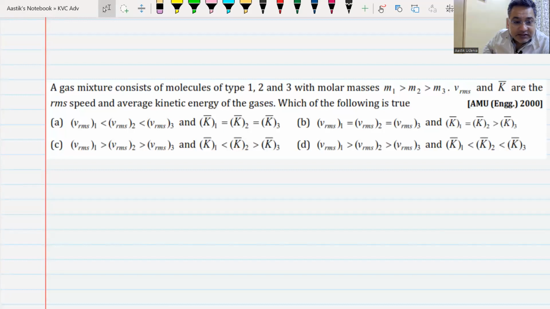A gas mixture consists of molecules of type 1, 2, 3, with molecular masses M1, M2, M3. V_RMS and K average are the RMS speed and average kinetic energy of the gas. Which of the following is true?